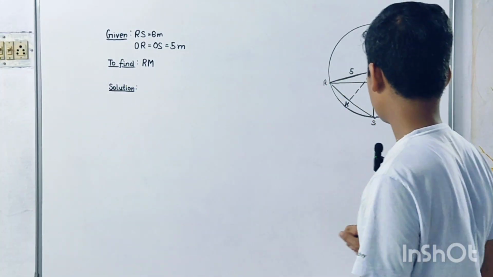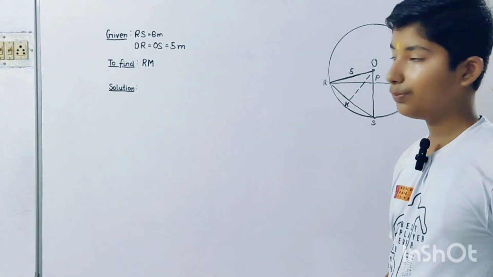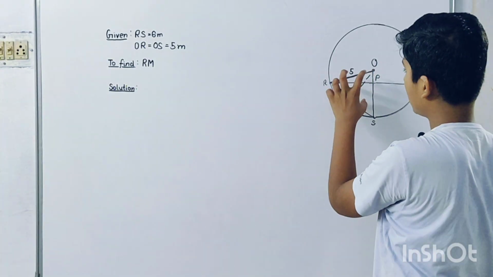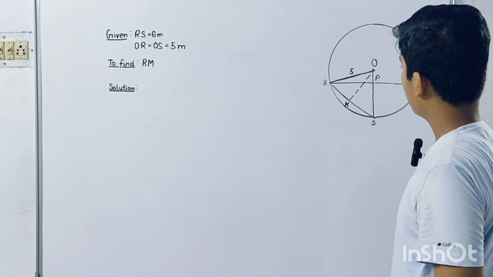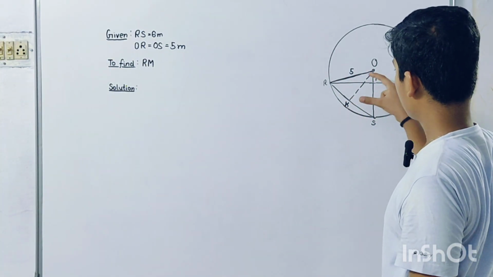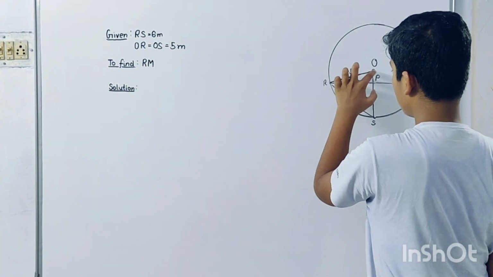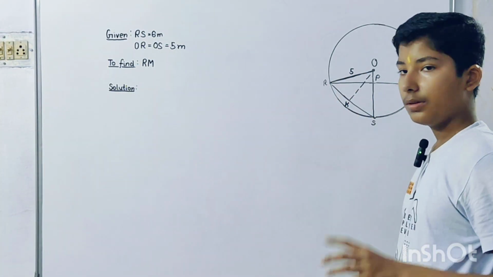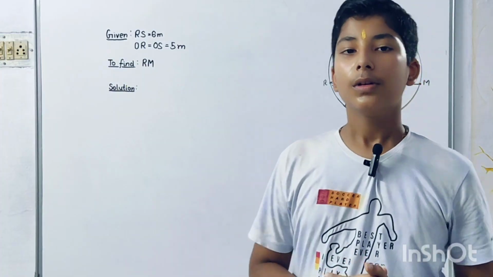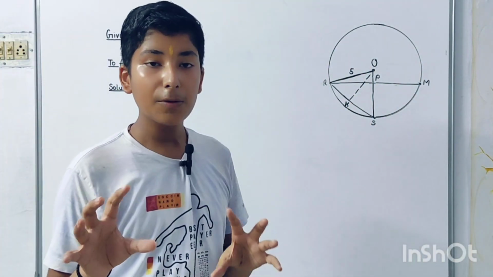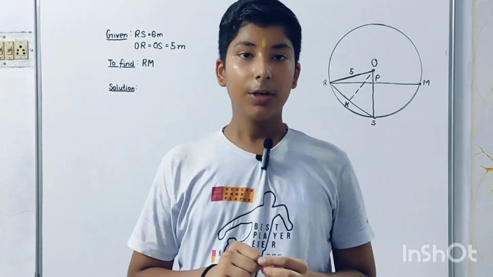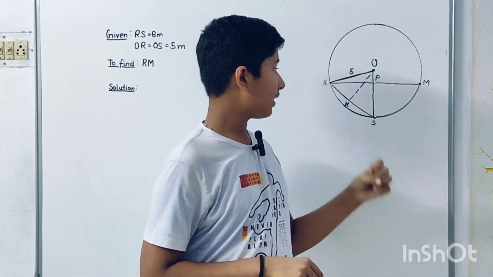First of all, we have to prove these two triangles congruent. This one triangle is the most important thing in this question, because we have to play with this triangle only.